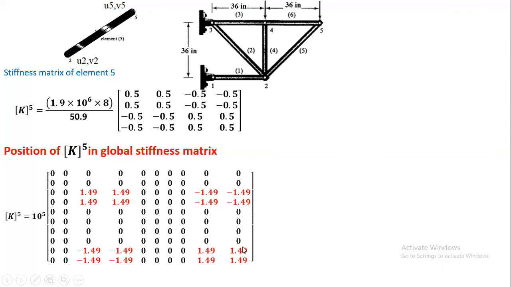If you consider the degrees of freedom here, it is 3 4, 3 5. At the same location you have 2 degrees of freedom, the 3rd and the 4th. So you will get 3 3, 3 4, 4 3 and 4 4.